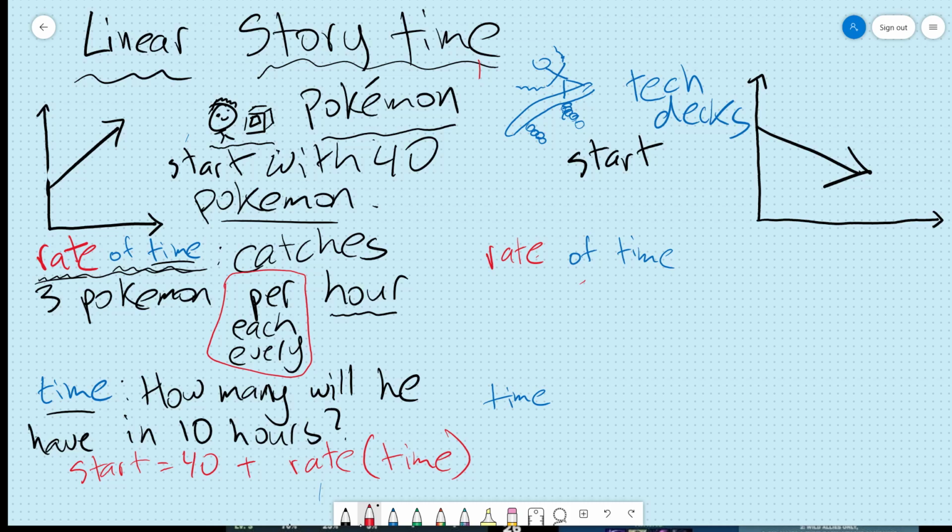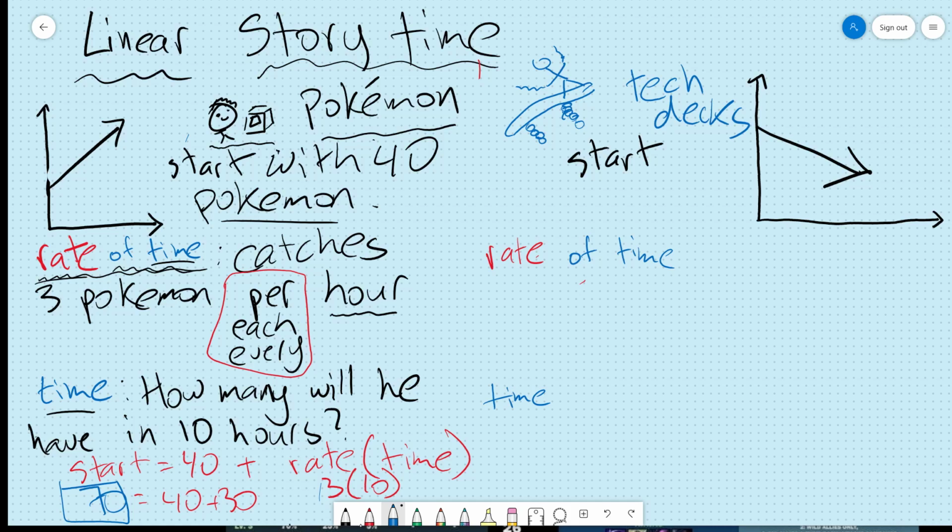So our rate here is 3 Pokemon, and our time here is 10 hours. 3 times 10 is 30. So he has, sorry, it's stuck in the corner and a little bit sloppy, 70 Pokemon.